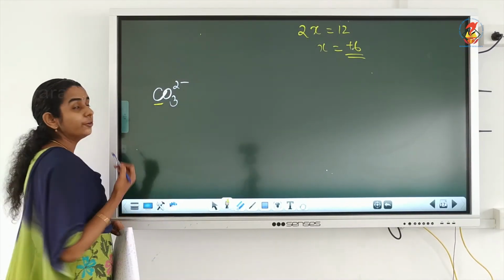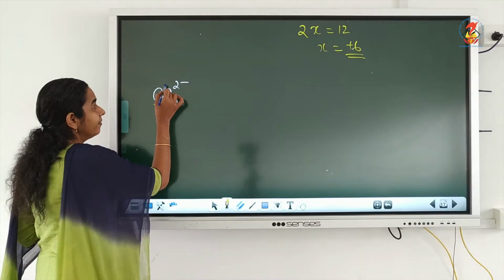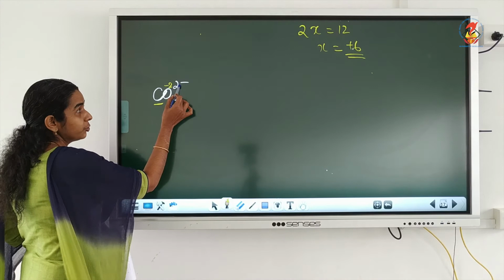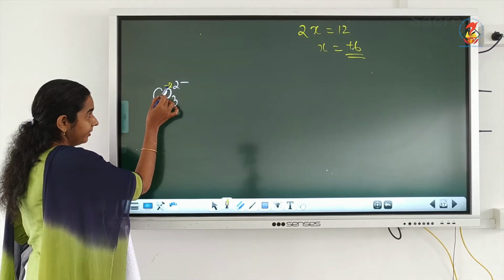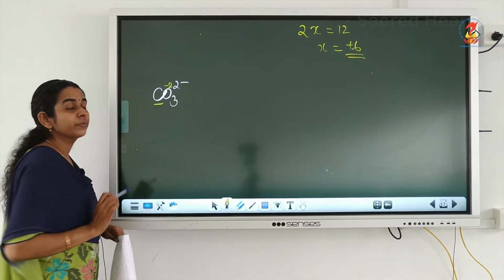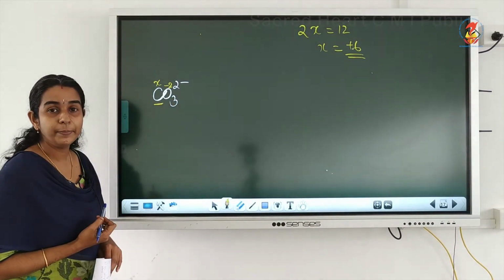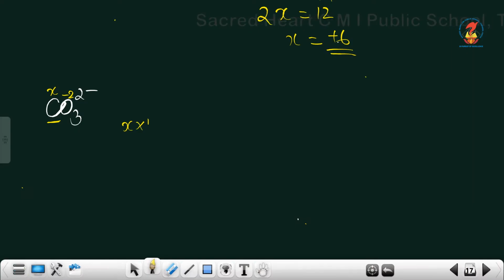Now for carbon we need to find the oxidation state. We know oxygen is minus 2. This minus 2 on the ion is the overall charge, and this minus 2 is the oxidation state of oxygen. So let the carbon oxidation state be x. So we can write x into 1 plus minus 2 into 3 equal to what? Equal to minus 2, because the overall charge here is minus 2.